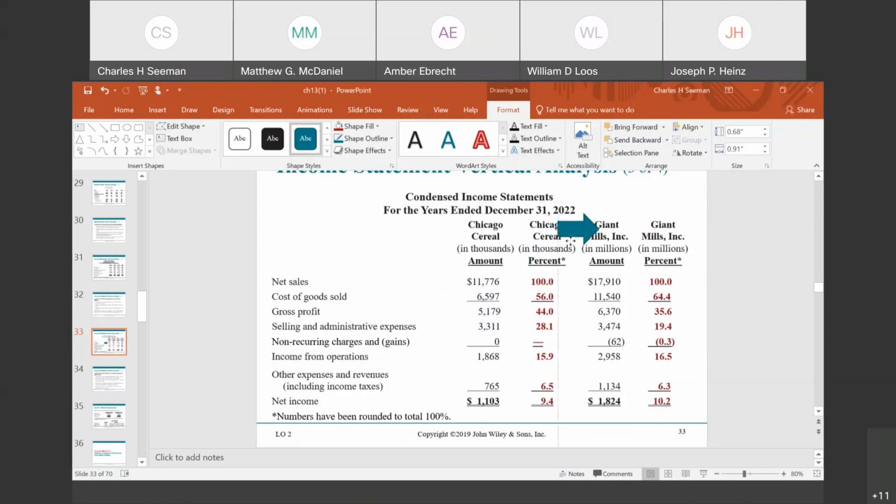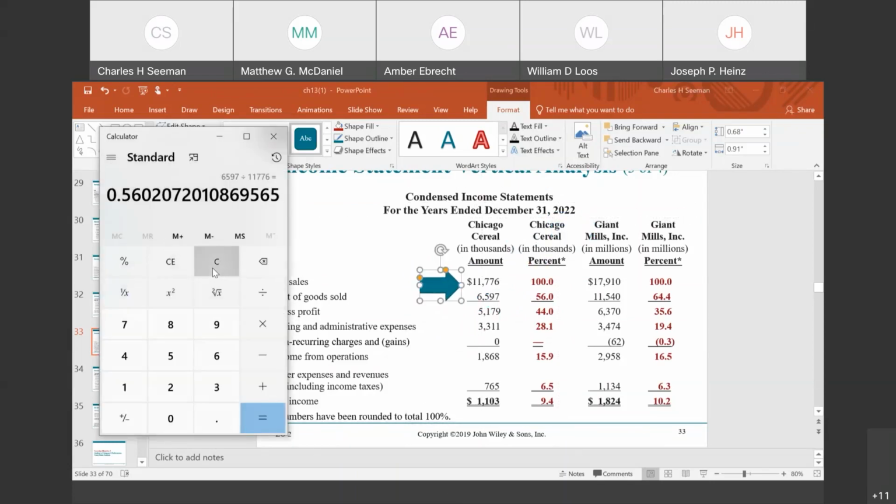I've done nothing with Giant so far. So all I'm doing is saying, okay, Chicago Cereal had a cost of goods sold percentage of 56%.